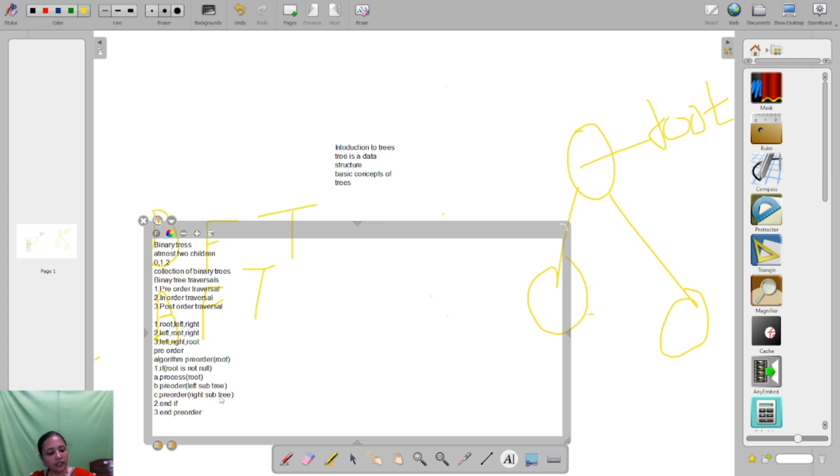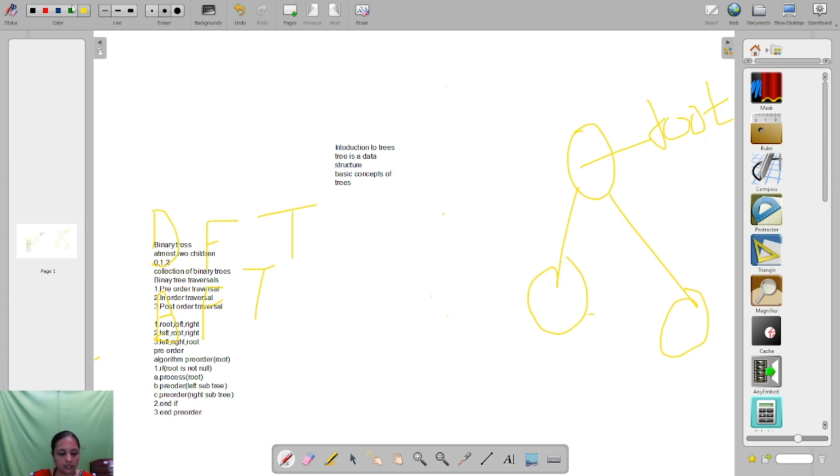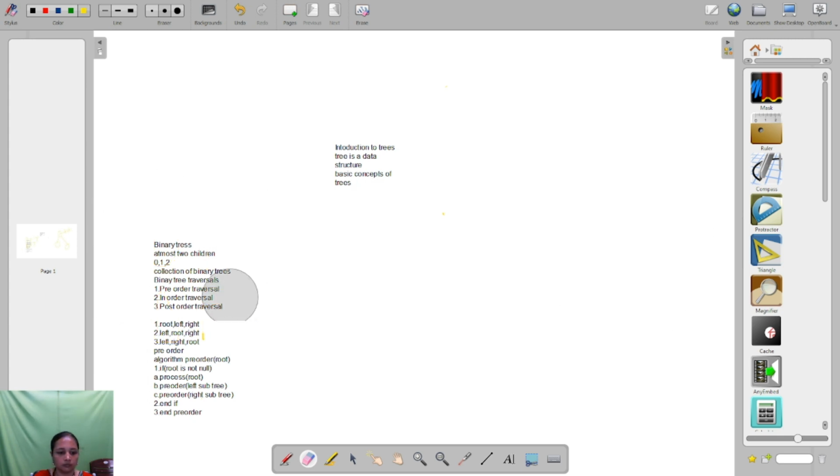Okay. So here I give one example for pre-order. Listen carefully. First I draw one example diagram. So first this one is node A. So this one is the entry node A. Okay.